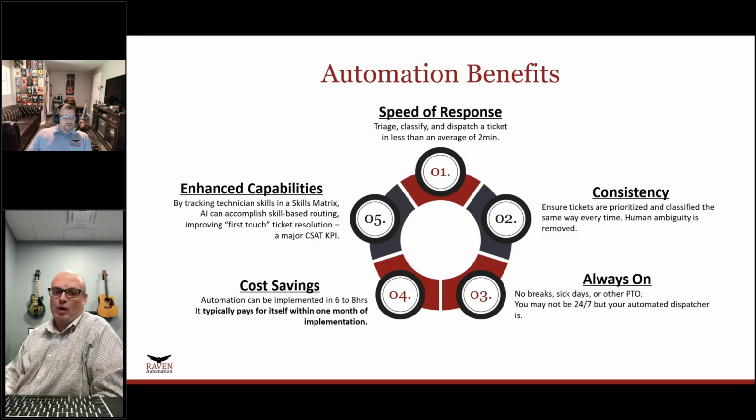Well, and this goes to their point about the consistency and the always on nature of it, because that's the key. I bet a lot of us can relate to this. Not only do we have days where it's just a busy day because some event or some system thing happened, but it feels like we never have the entire team there, right?